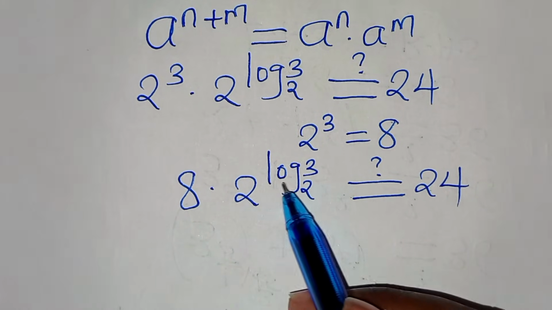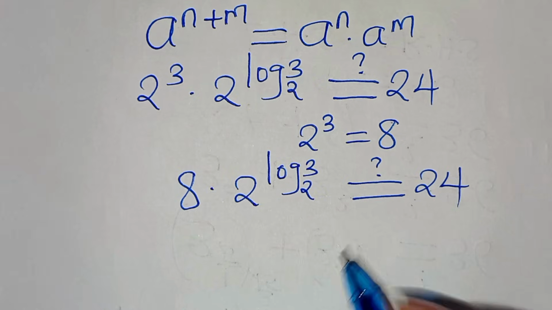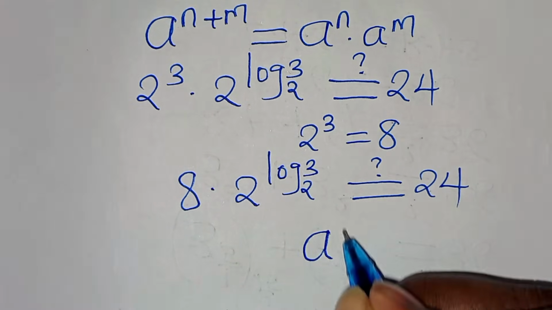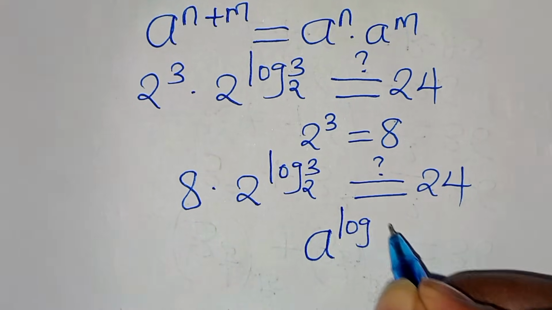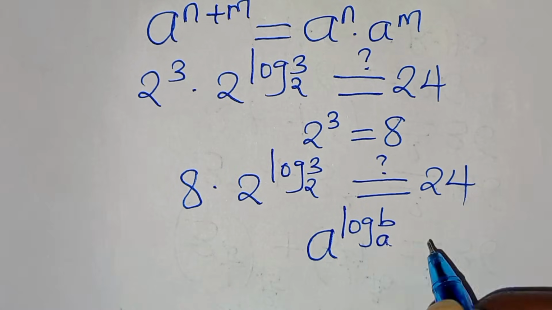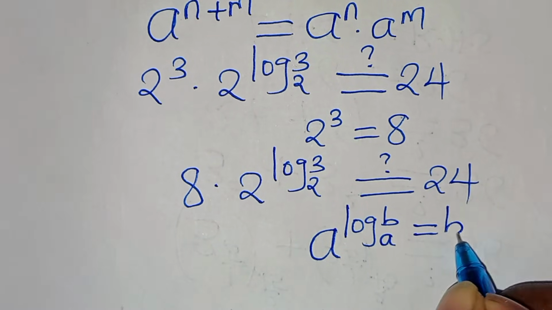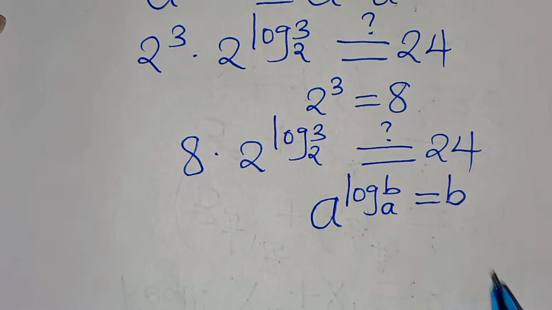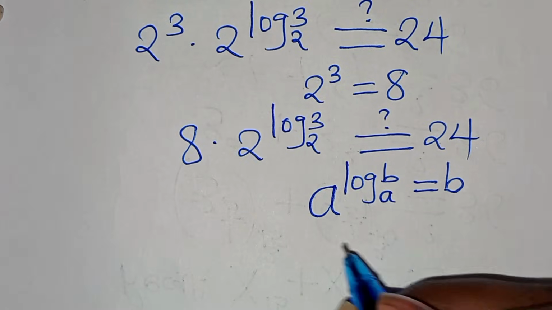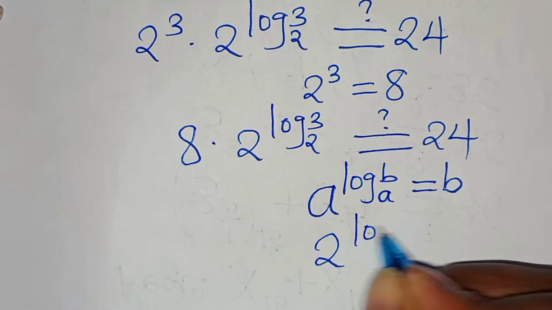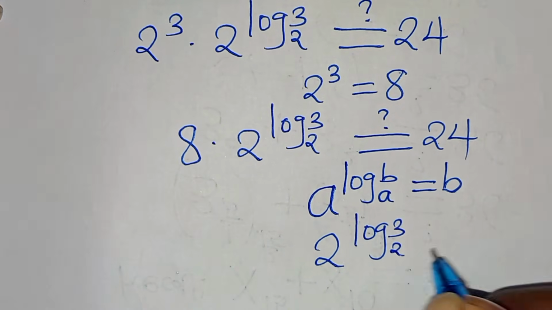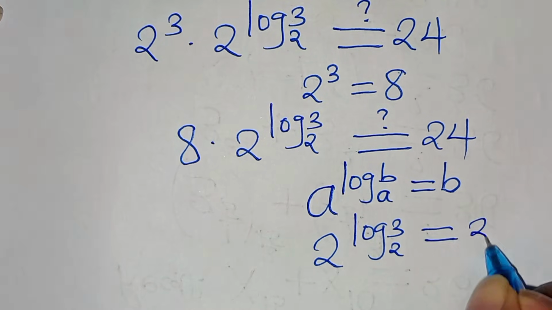Now, 2 to the power of log 3 to base 2 is in the form of a to the power of log b to base a, and this should give us a value of b. Applying this logarithm property, 2 to the power of log 3 to base 2 should give us a value of 3.